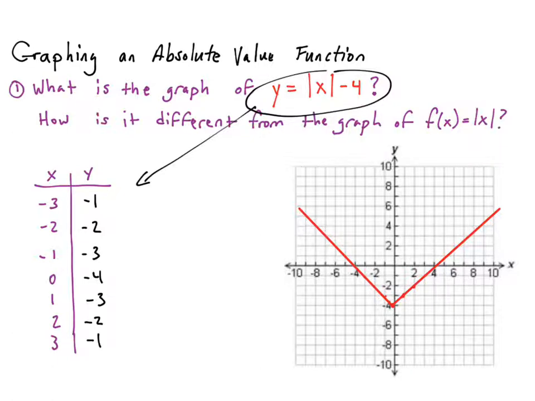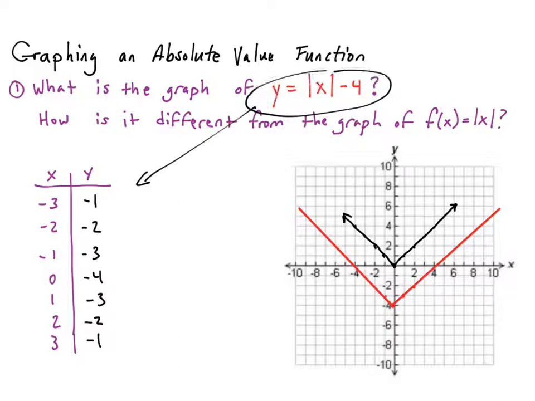And then they ask, how is this different from the graph of f of x equals the absolute value of x? Well, if we think about this, this is our parent function for the absolute value. So that graph looks like this. So I'm going to go ahead and graph it in black here. And what we should recognize is the way this looks different.